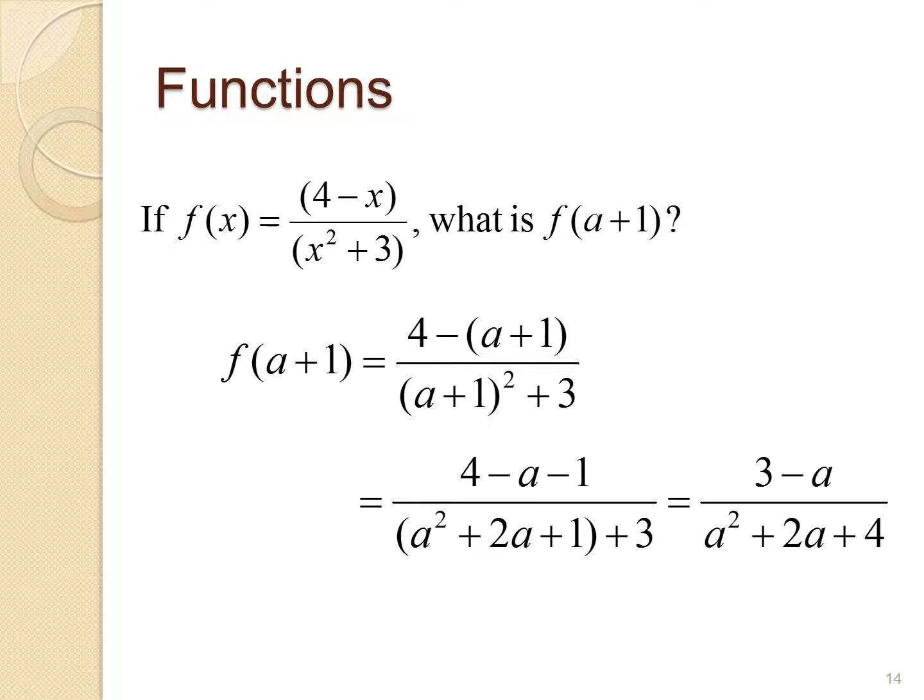Now, everything's distributed, so we can add the 1 and the 3 together. So the final denominator is a squared plus 2a plus 4. And on the top, you can see the answer there yourself. So keep that in mind. If you're ever doing this, put the parentheses there to make sure that if you have to distribute a negative number, a negative sign or something, that you do it correctly.